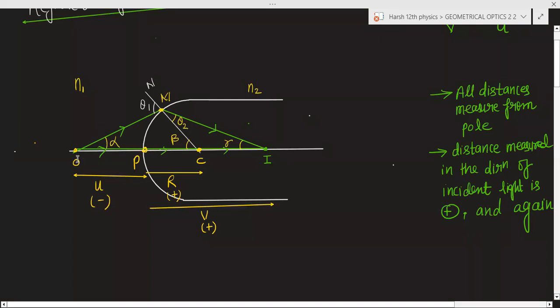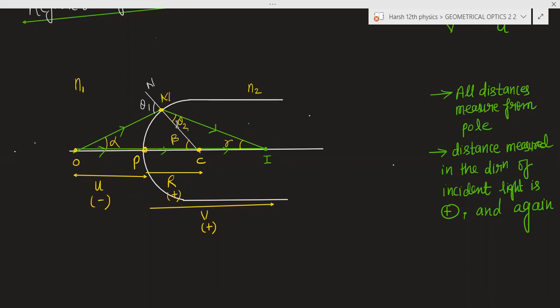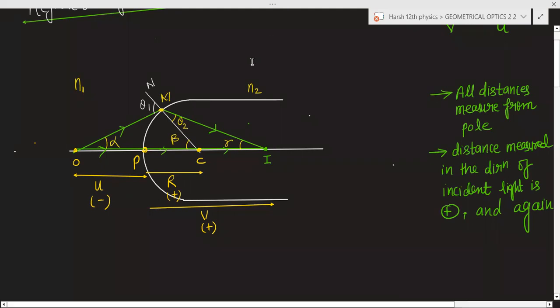Now see in triangle OMC, alpha and beta are the interior angles and θ1 is the exterior angle. When we were deriving the minimum angle of deviation for the prism, I told you that the sum of the opposite interior angles is equal to the exterior angle. So you can write θ1 is equal to alpha plus beta.